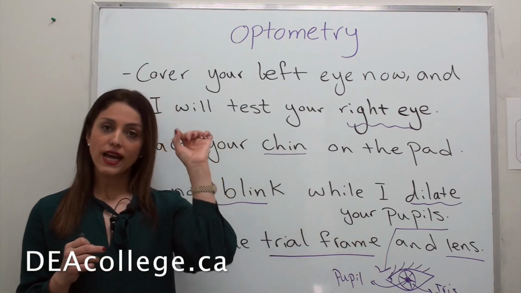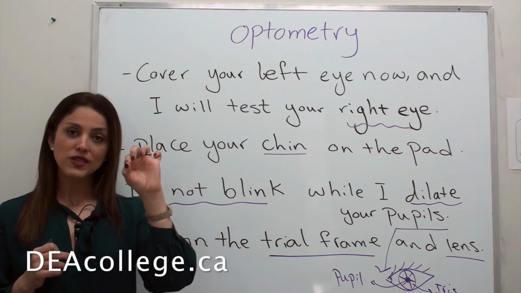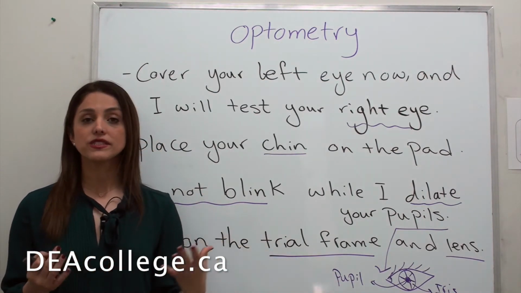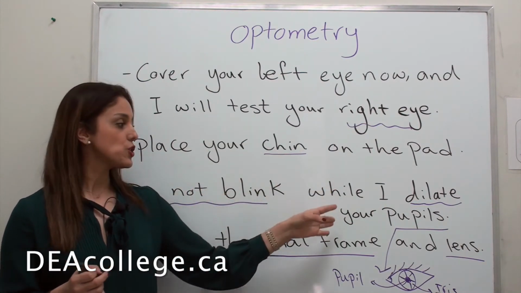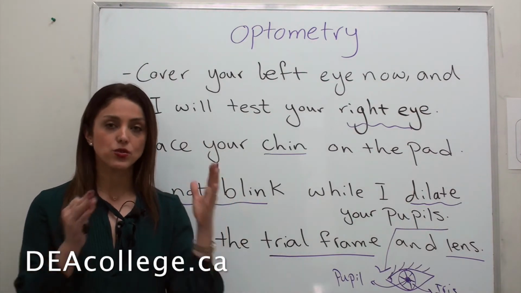And the black dot that you see in the middle, we call the pupil. Whenever they want to check your eye, they have to dilate your pupil, make it bigger, larger and wider, to check it.